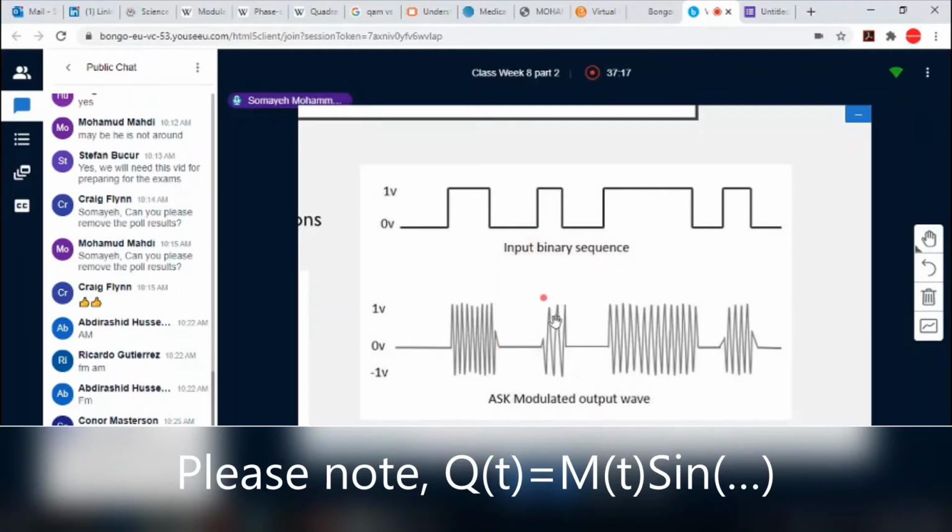Again, when I have 1, I send a small portion of the signal, and then when I have 0, I don't send anything.